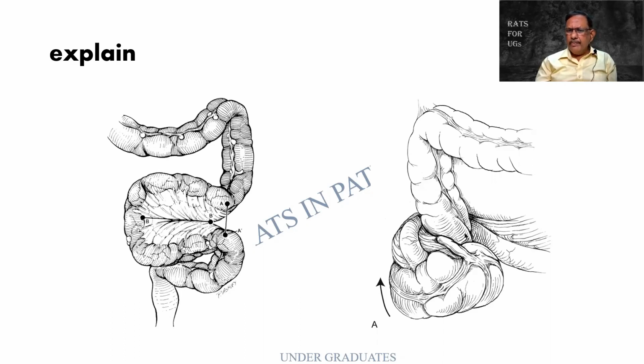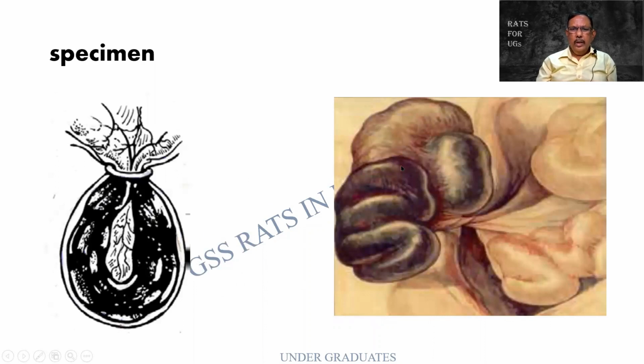What happens sometimes is it gets twisted on itself using this blood vessel and the mesentery as an axis. What happens when it gets twisted? What will be compressed earlier? Will it be the artery or the vein? The veins get compressed. As I asked you, what will get compressed?